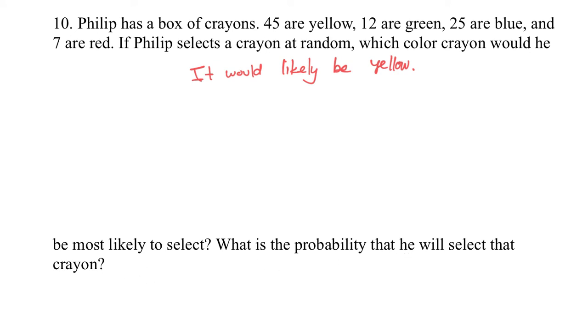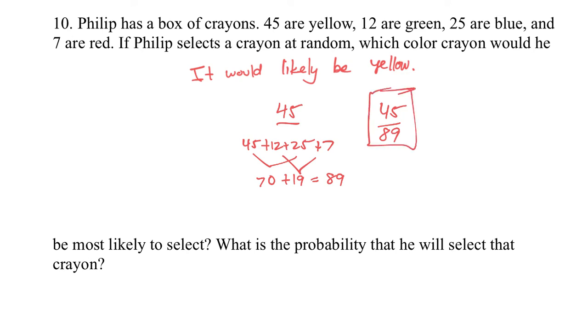Well, it'd be 45 yellow out of what? 45 plus 12 plus 25 plus 7, right? 45 and 25 is 70. And 12 plus 7 is 19. So that would be 89. So it would be 45 out of 89. That would be it right there.